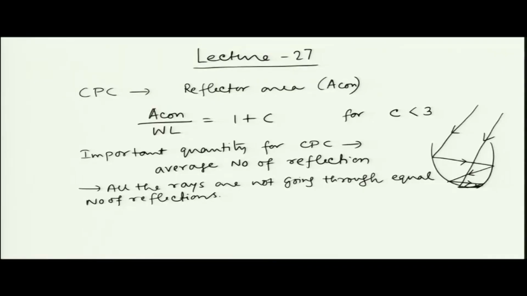That is important, because that will tell us what would be the intensity due to these multiple reflections, because every time, if suppose the reflectivity is 0.9, so, 90% of the ray will be reflected and the 10% will be lost or absorbed. Okay.